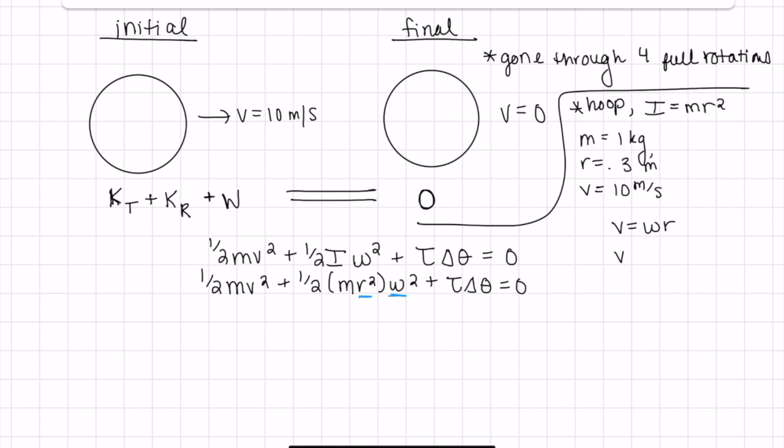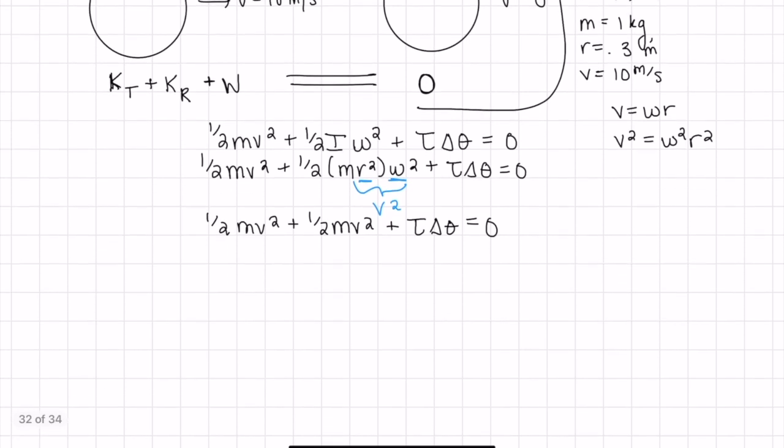So if I square that other equation I wrote all the way to the right, v squared is omega squared times r squared, so we can make that substitution as well. 1/2 mv squared, and that'll end up being another 1/2 mv squared plus tau delta theta equals 0. So now we are free to combine those two energy terms. That'll just end up giving us an mv squared plus tau delta theta equals 0.